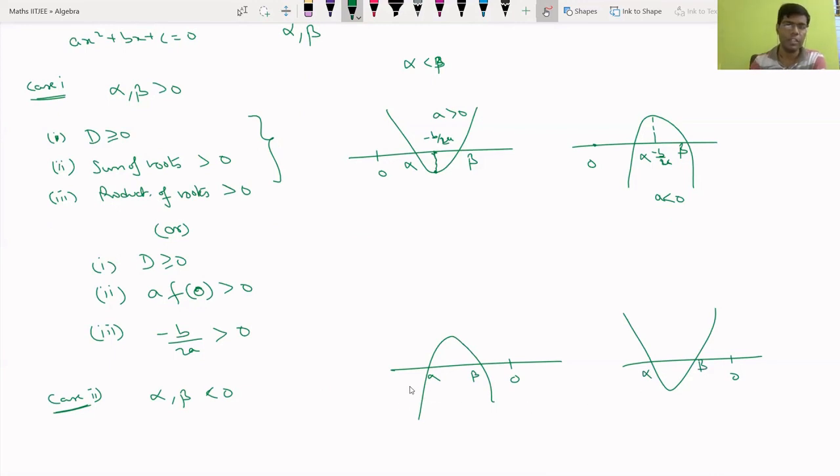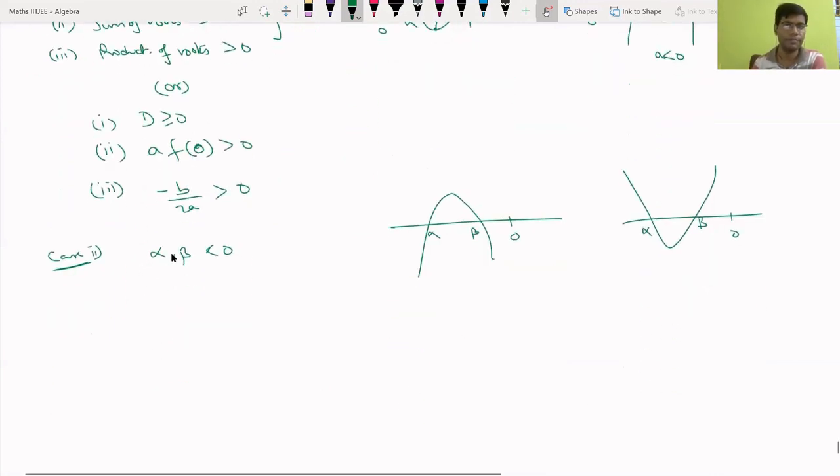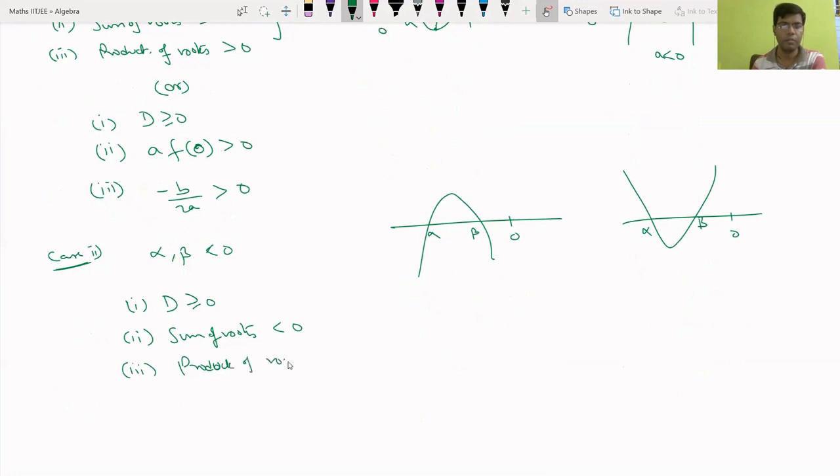Again in this case also, my discriminant should be greater than or equal to 0, and the second condition will be that the sum of roots is negative because both are lying on the negative side, and the product of roots will be positive because both are negative.